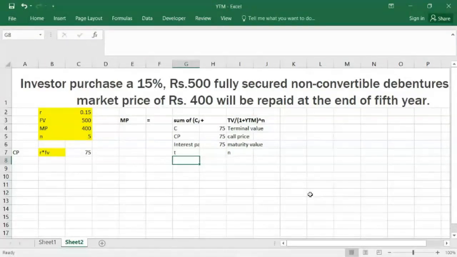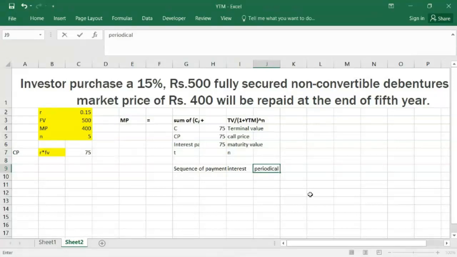But you need to understand the sequence of payments, the sequence of income I will receive. Interest will be received on a periodical basis. But the maturity value, or maturity benefit, will be received at once.